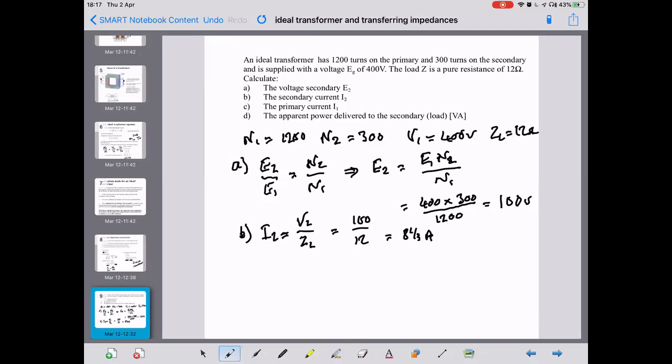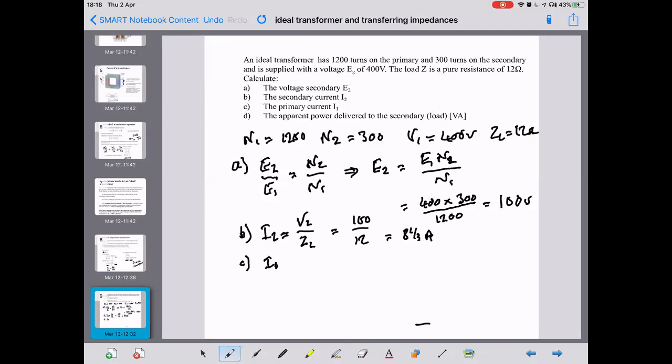C, primary current. So you want to know I1. Any ideas?